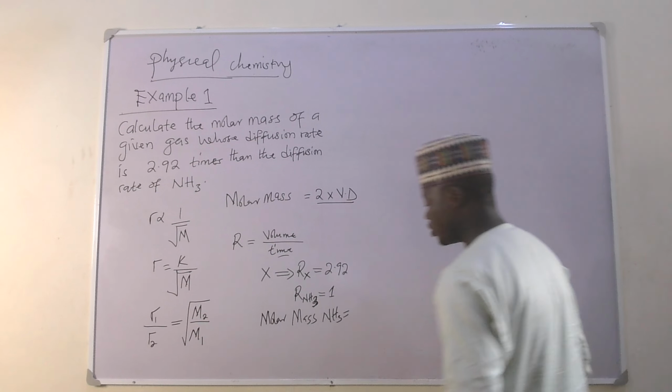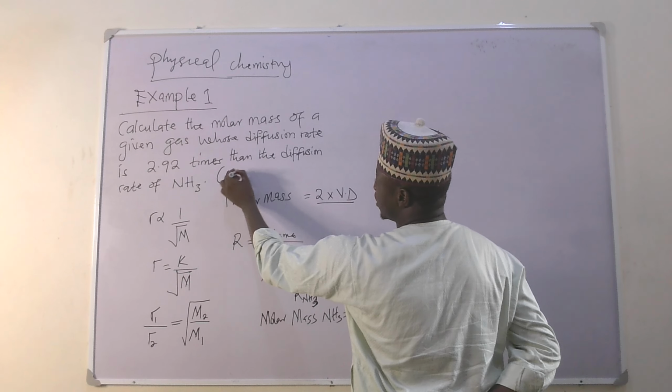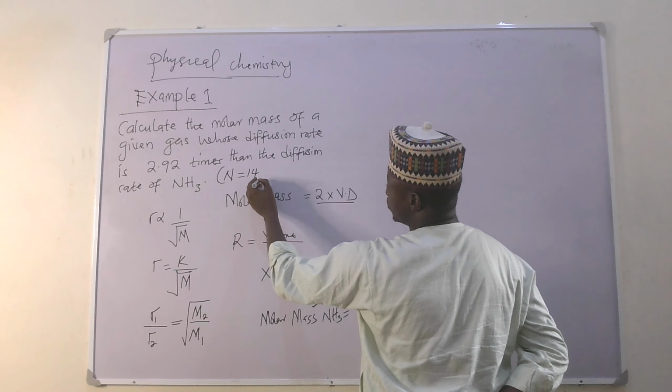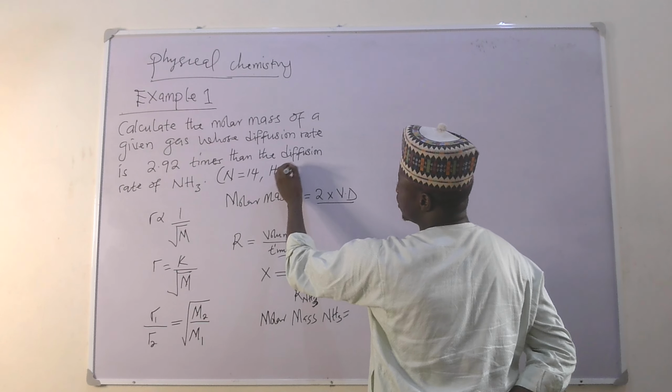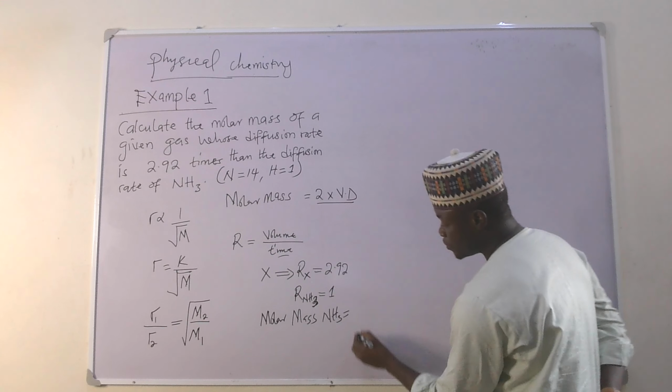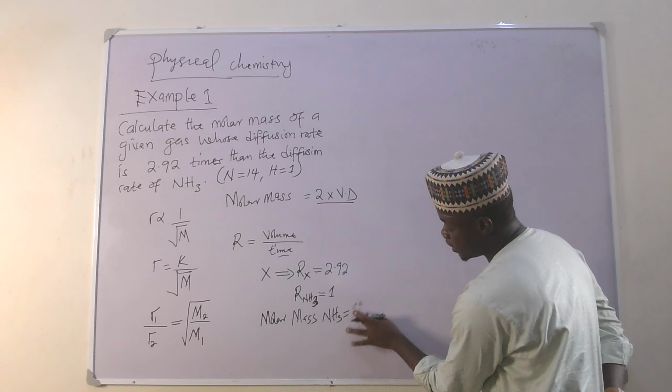And of course, to calculate the molecular mass of ammonia, we need to know that the atomic mass of nitrogen is 14, and the atomic mass of hydrogen is 1. So therefore, here we have ammonia.